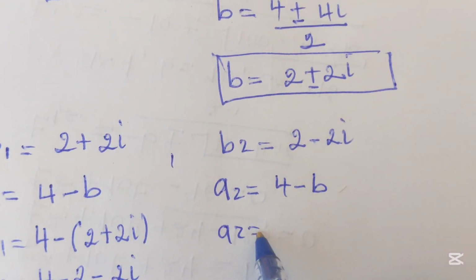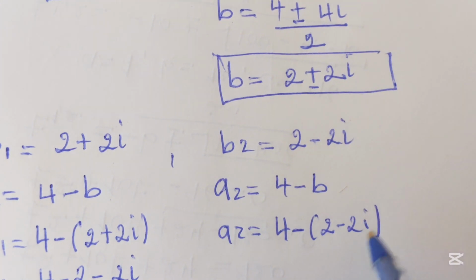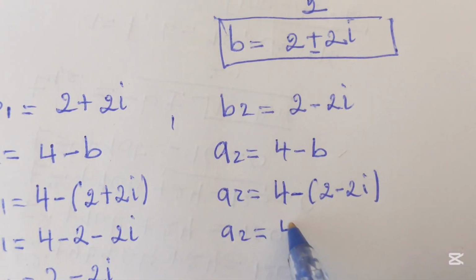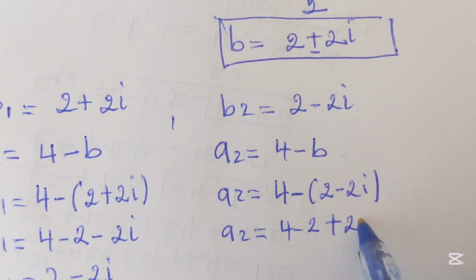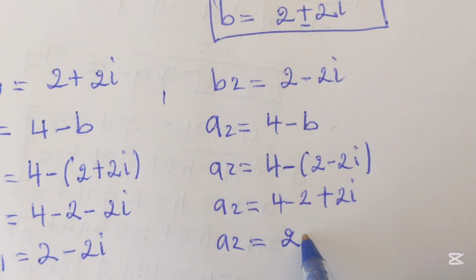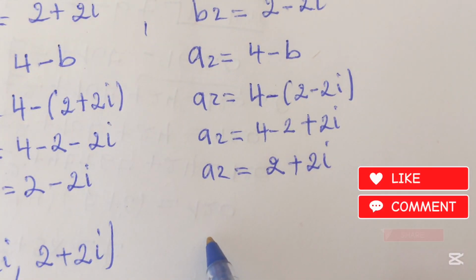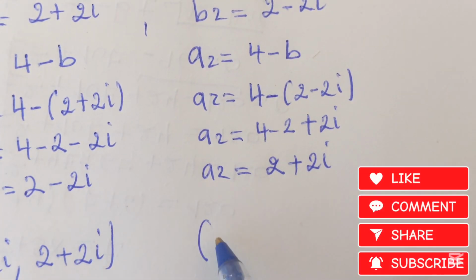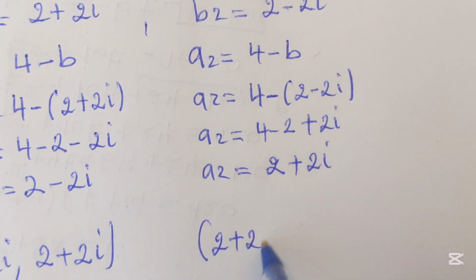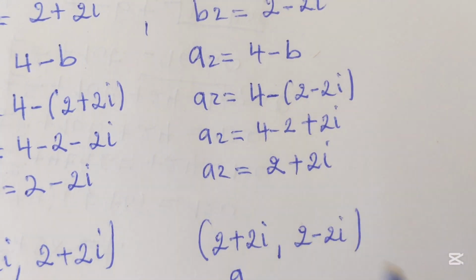Then a2 here will be 4 minus 2 minus 2i. a2 will be 4 minus 2 plus 2i. Then a2 will be 2 plus 2i. So the solution set here will be 2 plus 2i as a, where b is equal to 2 minus 2i. This is simply a and this is b.